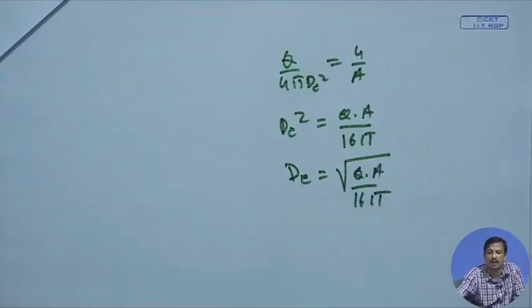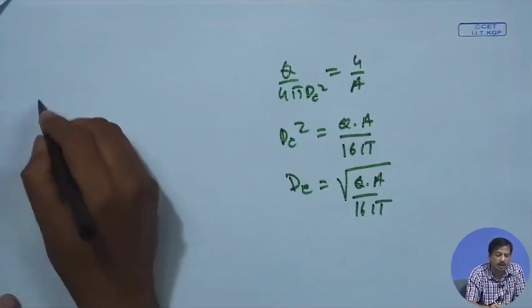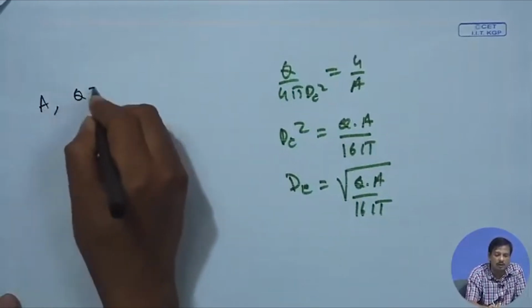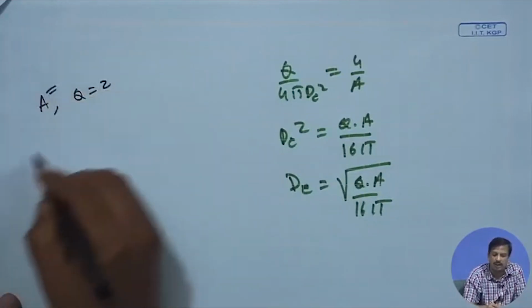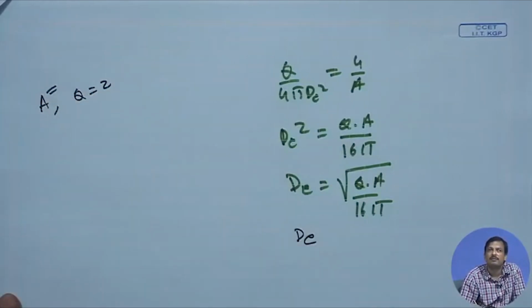For this room, I know A, I know Q equal to 2, and then I can calculate DC in meters.